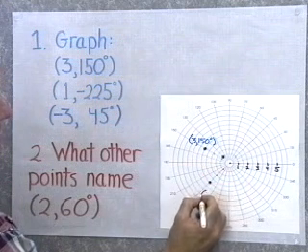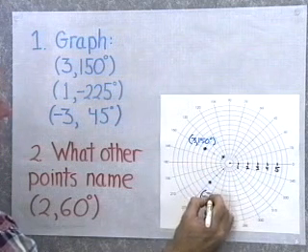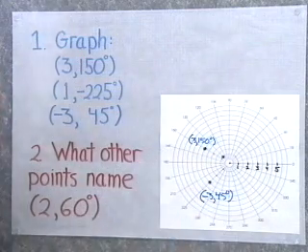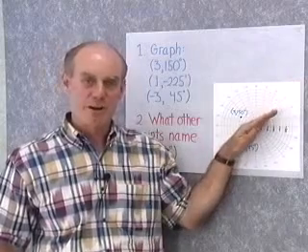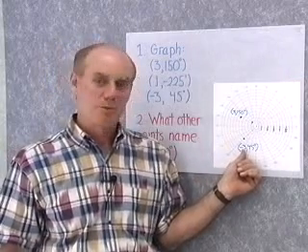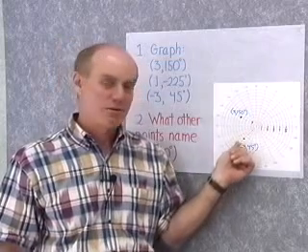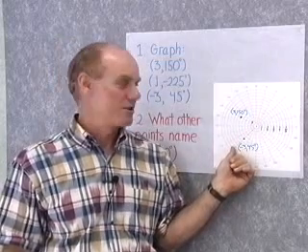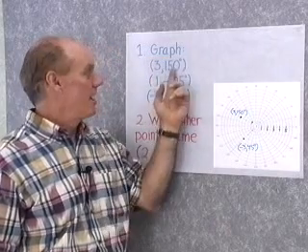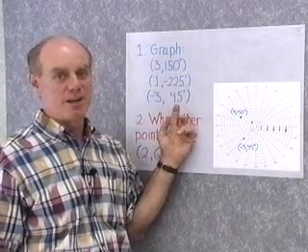So this is the point, r equal negative 3, theta equal 45 degrees. So my angle in standard position is 45 degrees, and if I want to go negative 3 units out on the terminal side of that angle, I go back through the origin the other way 3 units. So I can have positive or negative values for r, and I can have positive or negative values for theta.